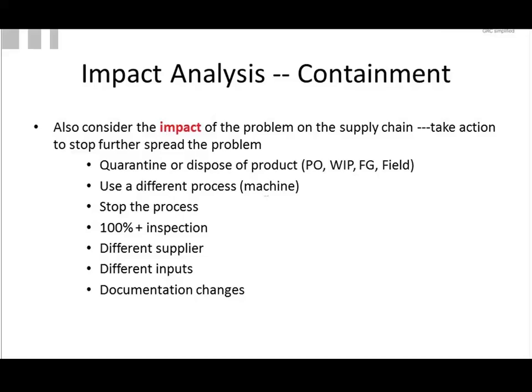Now you have to look at the entire supply chain. You have to look at what's in the purchase requisition stage within your company. What's in the purchase order stage in your company and also in the pipeline and at the supplier.